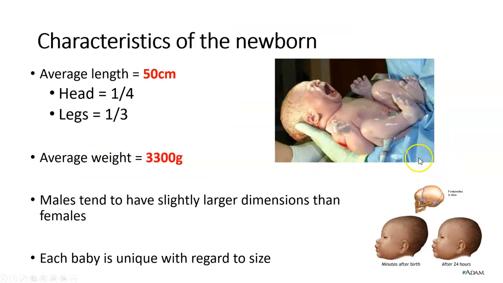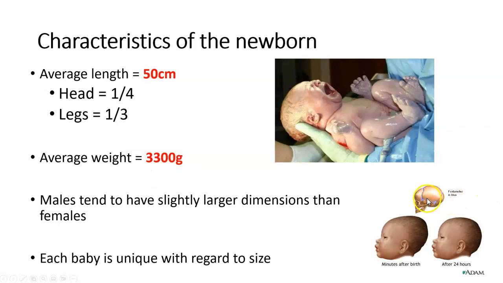Now, with newborns, they tend to be quite small, obviously about 50 centimetres in length, although that may vary. The head does take up a large proportion of the baby, and this is because of the brain size. The average weight is about 3,300 grams, although, again, this does vary with different children, although male children tend to be slightly bigger proportions than females.